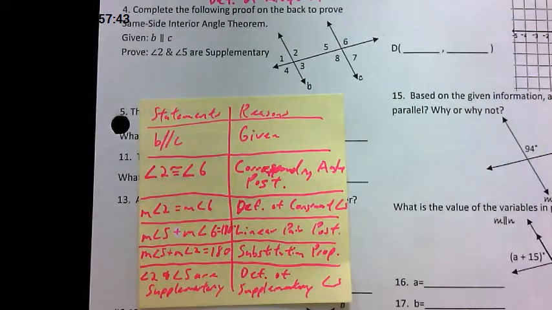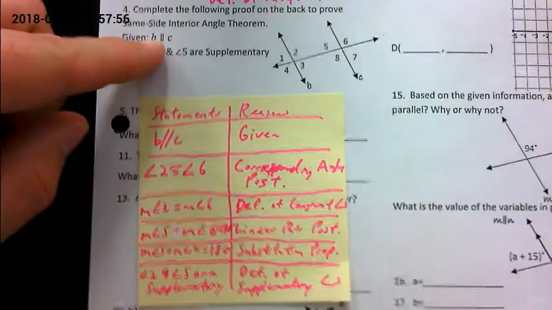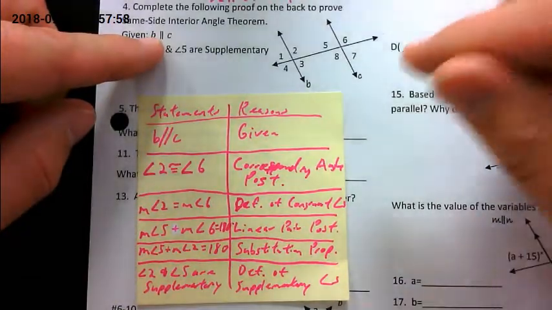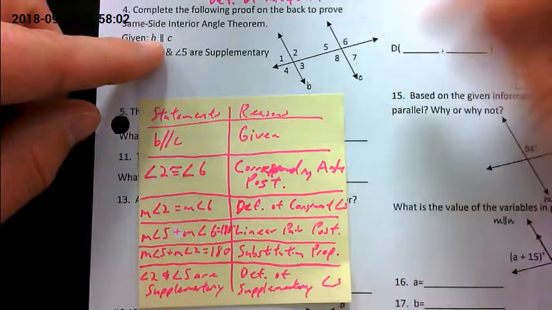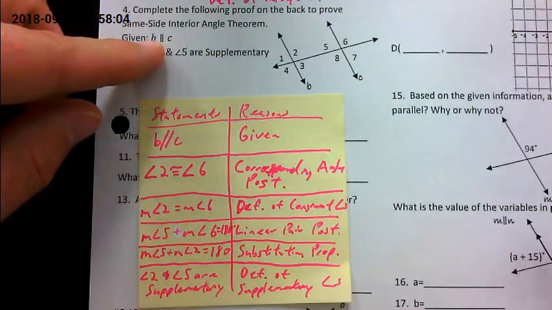But again, there's going to be several different ways you could approach this. Could you have also used alternate interior angles? Yes. Could you have used alternate exterior angles? Yes. Could you have used same side interior angles? No. Again, that's the one we can't use because that's what we were proving. That's the only one, though, that we couldn't use for this. You could use any of the other theorems that we already talked about.